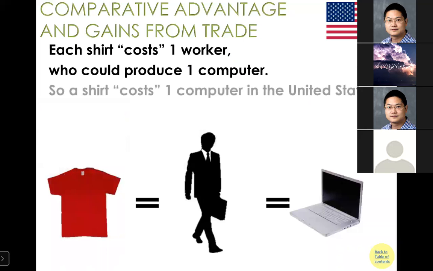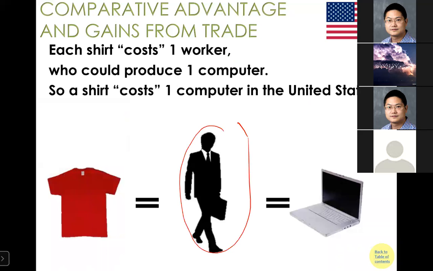Similarly, we can calculate the opportunity cost. One labor can either produce a shirt or assemble a computer, so this discussion becomes simple. One shirt equals one computer, and one computer equals one shirt.